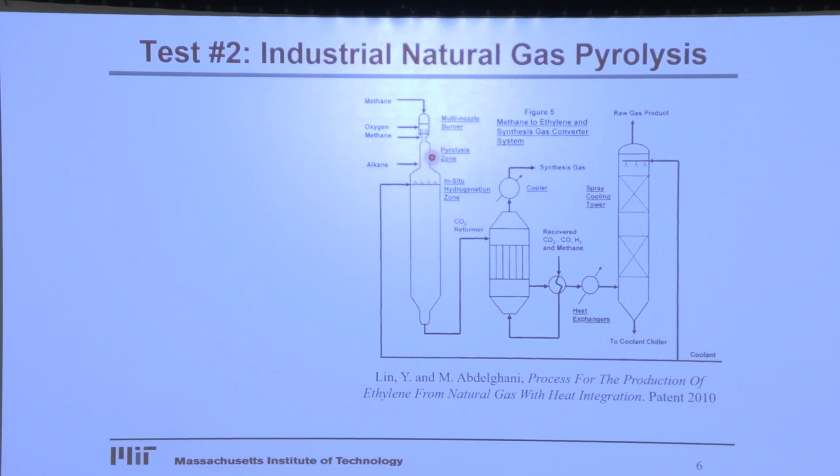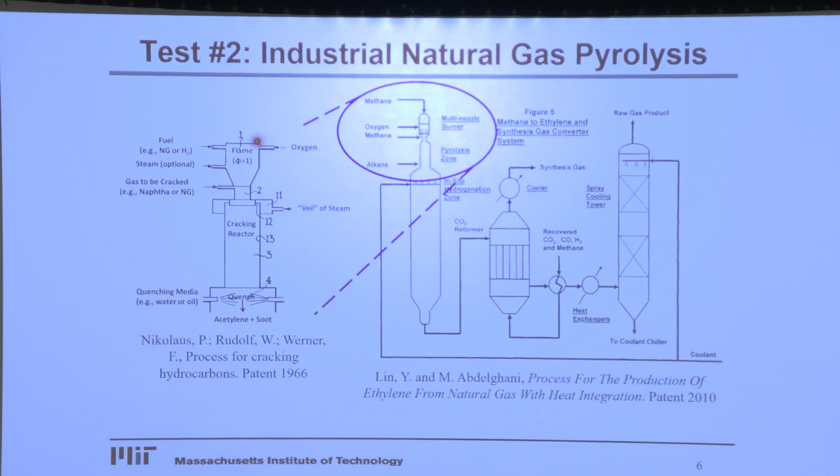And then it would pyrolyze like crazy. And then you would expand it, and you could go ahead and do stuff with this. So in this case, they were trying to end up with pure ethylene. So this basically is all purification stuff.